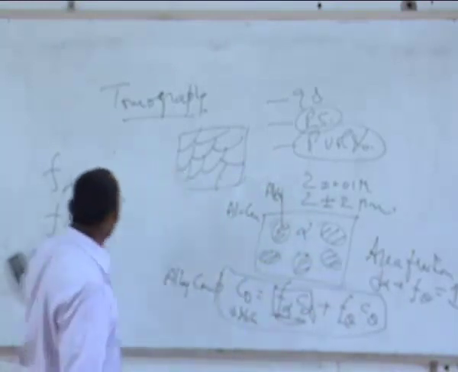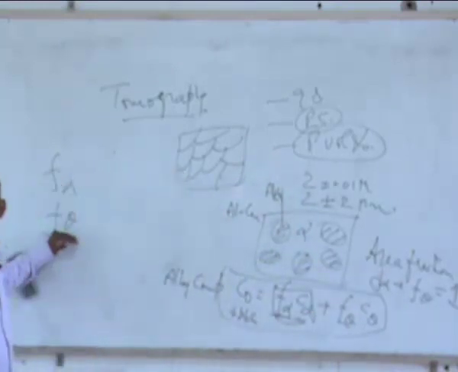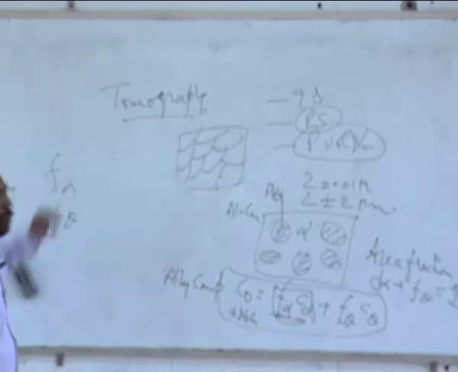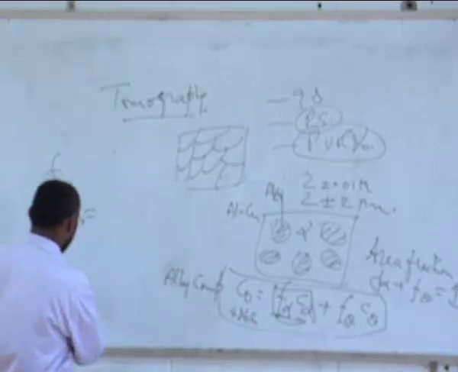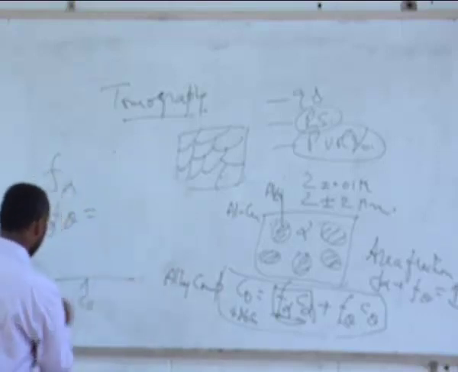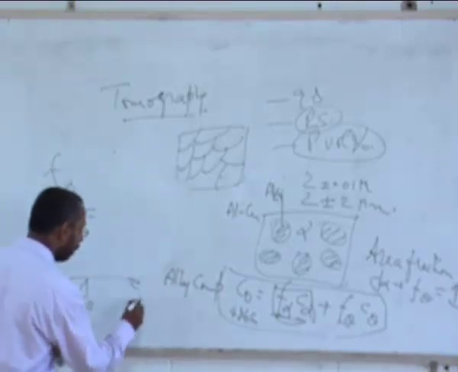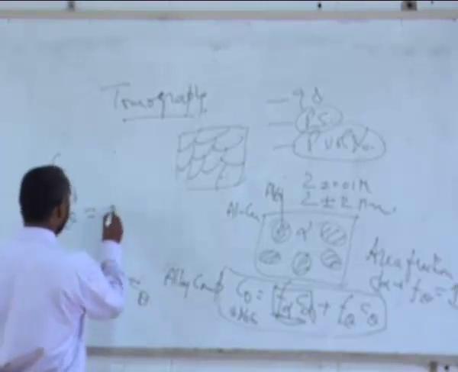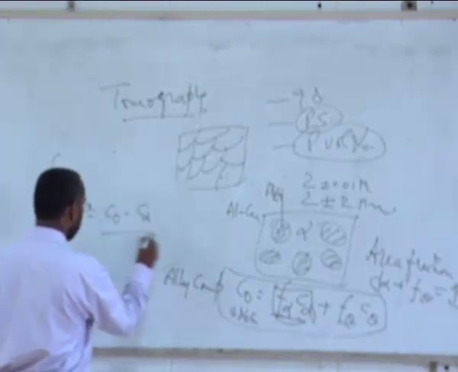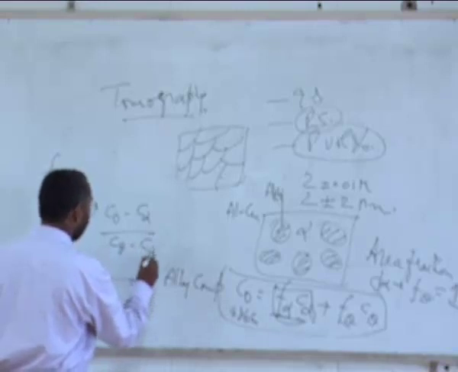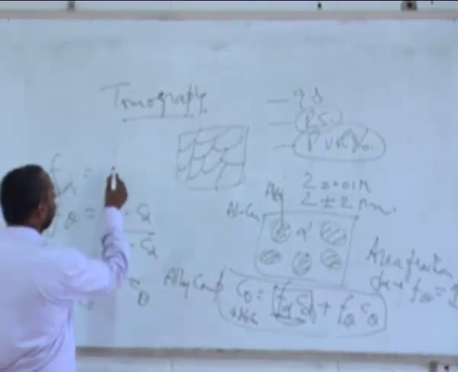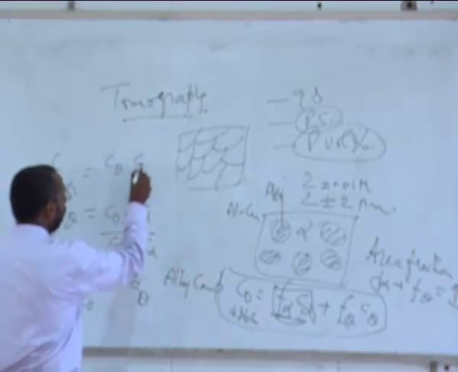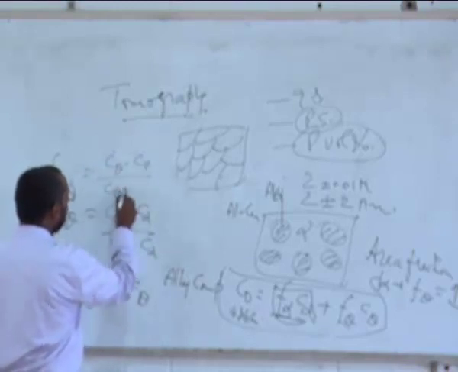Then I know what F theta is equal to, and similarly F alpha. For example, with C alpha and C theta, F theta is equal to C naught minus C alpha by C theta minus C alpha. And similarly, F alpha is equal to C theta minus C naught divided by C theta minus C alpha.